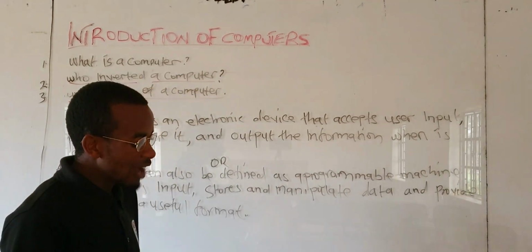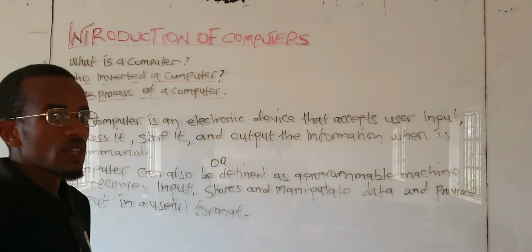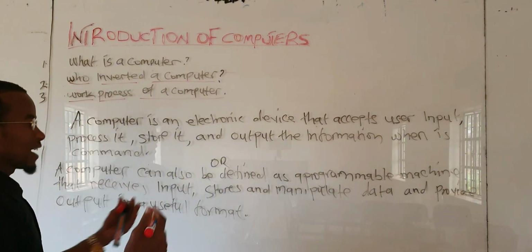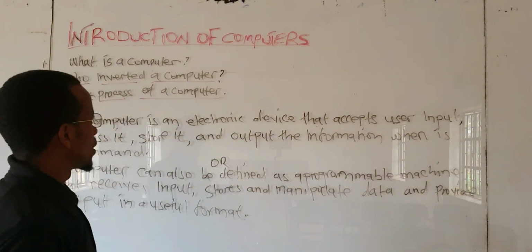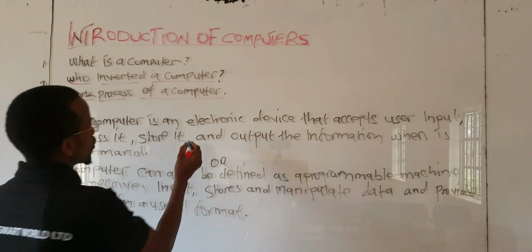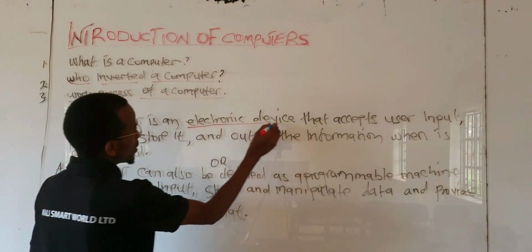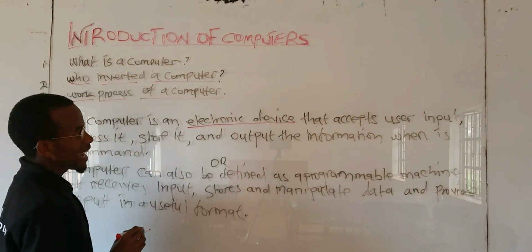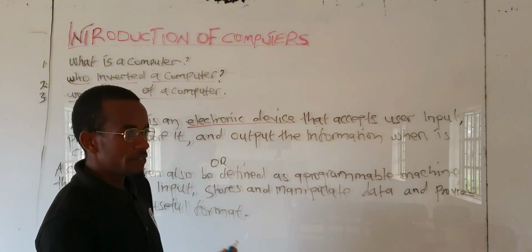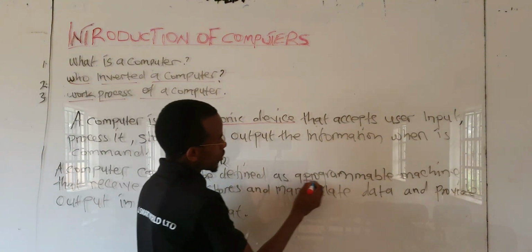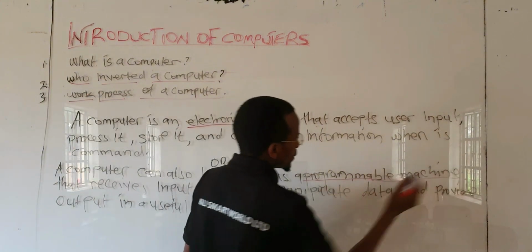So here are much emphasis. All the key terms. We have an electronic device, and here to our second definition, we have programmable machine.